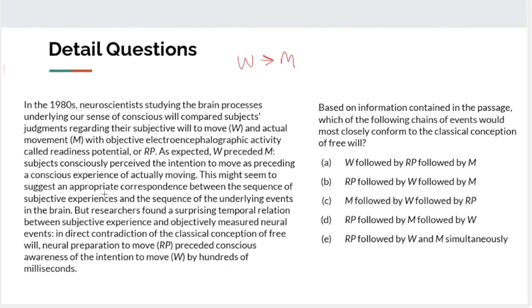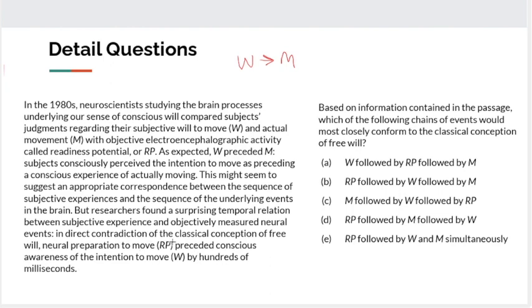This might seem to suggest an appropriate correspondence between the sequence of subjective experiences and the sequence of the underlying events in the brain. But researchers found a surprising temporal relation between subjective experience and objectively measured neural events.